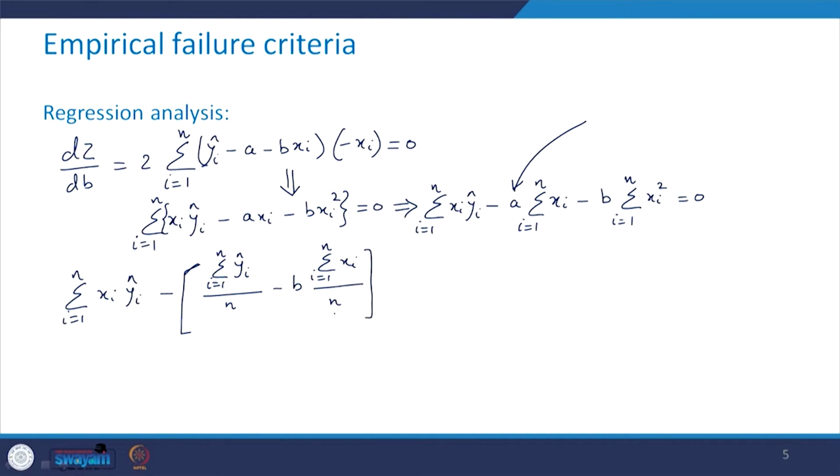This was the expression for a. So I just substitute it like that here, and then this is summation xi, again the limits for i, minus b summation i equal to 1 to n xi square, that is going to be equal to 0.